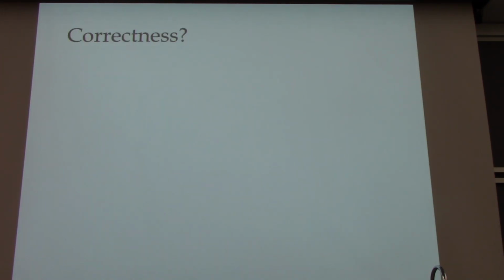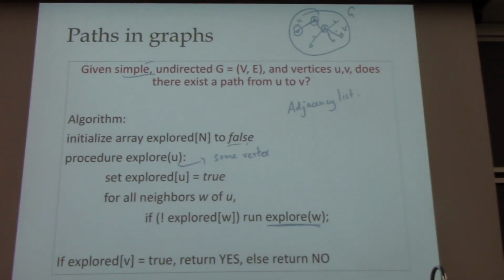Okay, so let's look at correctness. Actually, I'll give you a couple of minutes to stare at the algorithm for those of you who have not seen it. For those who have seen it, what is this algorithm called? Depth first search. Yes, this is the definition of depth first search. This is something hopefully all of you have seen.